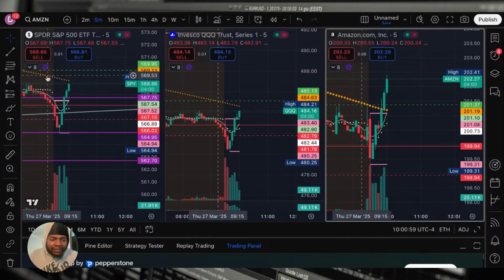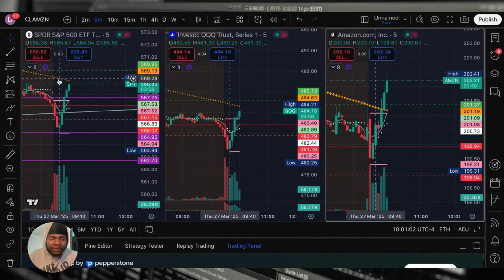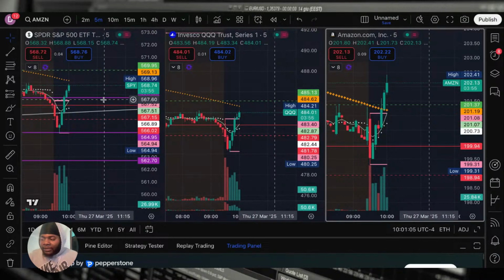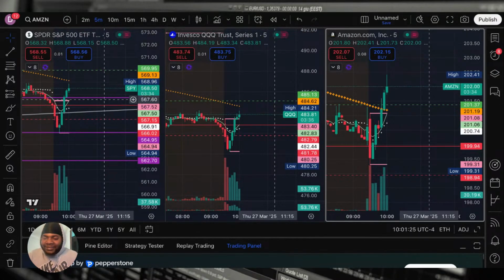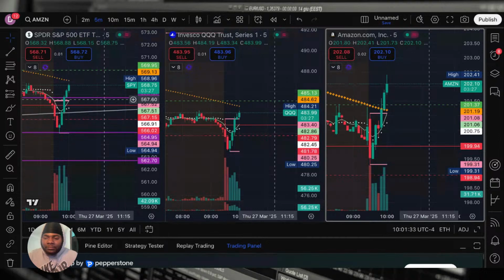I don't like SPY right here at this 200 moving average. It could reverse right here. But we at 31%. Trying to take my green and get out. Still holding.